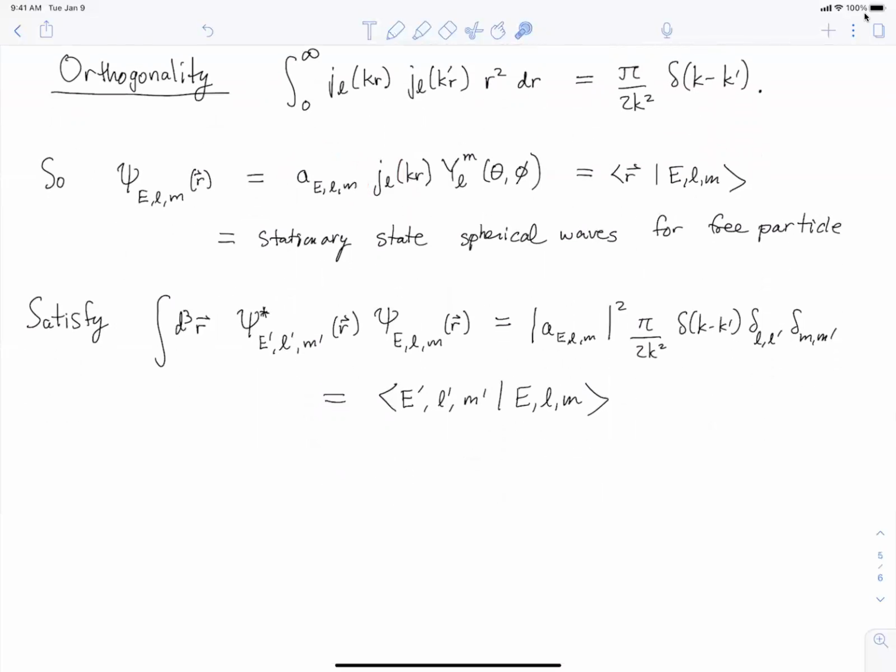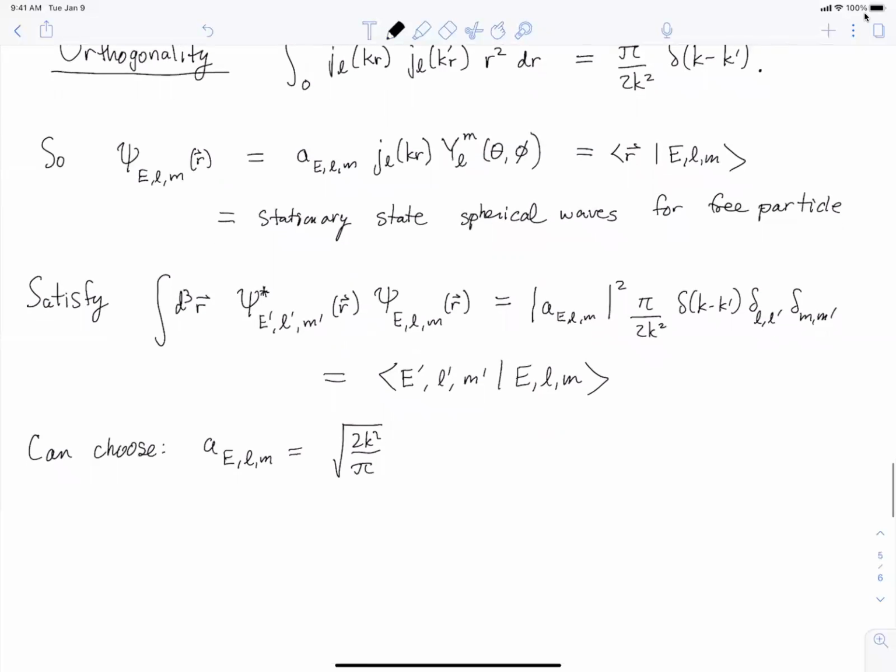To make this nice, we're going to choose it to make this expression equal to 1. So we can choose our normalization constant to be the square root of 2k squared over pi. I guess I could have pulled out the k squared and made it just a k, multiplying the whole thing.